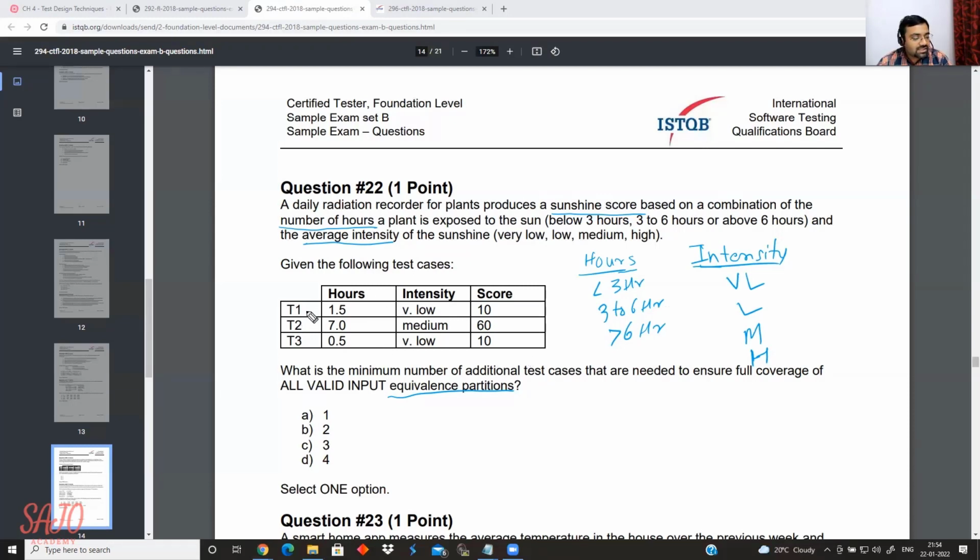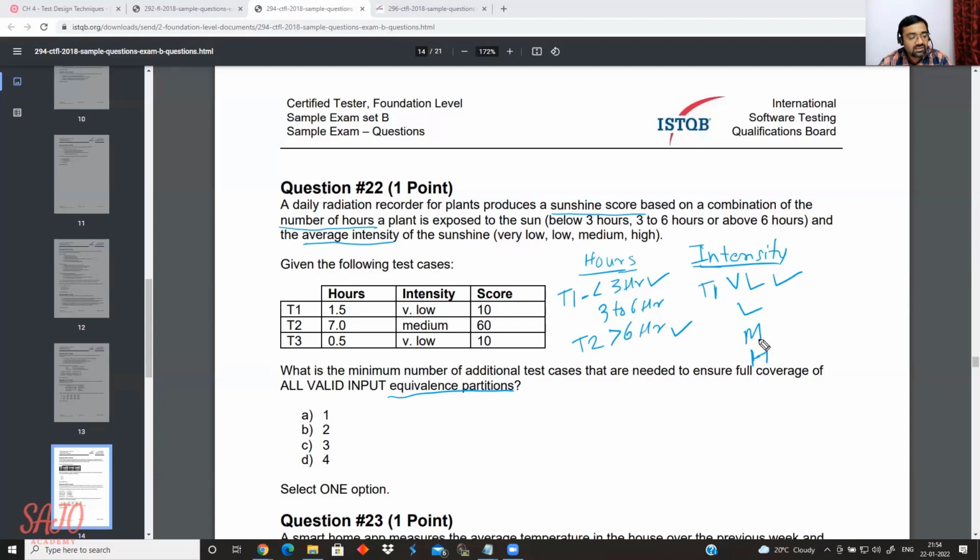Test case one is testing hours as minus 1.5, so it is covering the partition less than 3 hours. It is also testing very low intensity, so test case one is covering very low intensity. Test case two has 7 hours, which is greater than 6 hours, so this partition is covered.